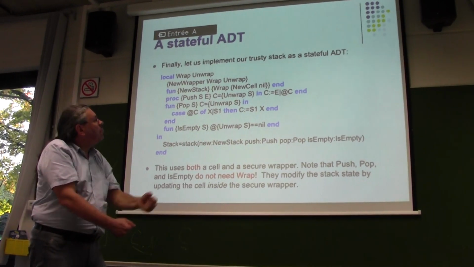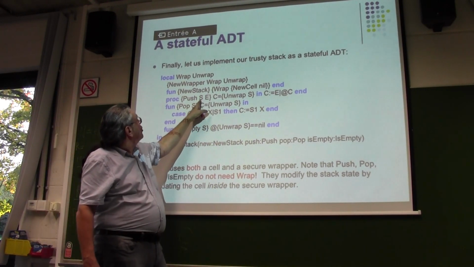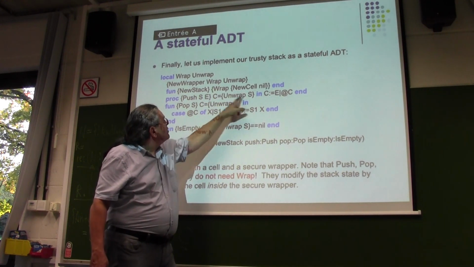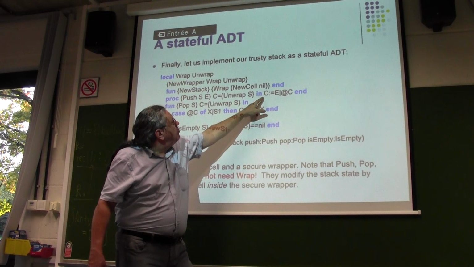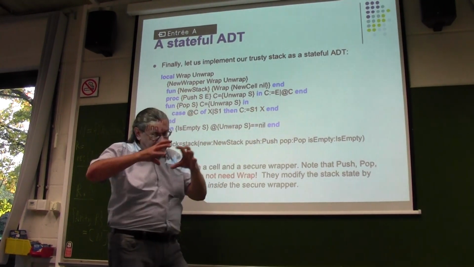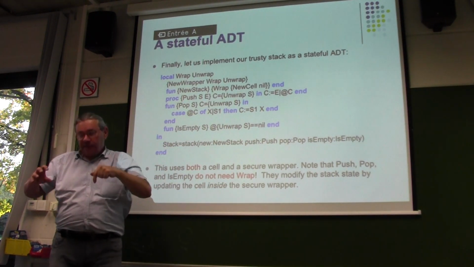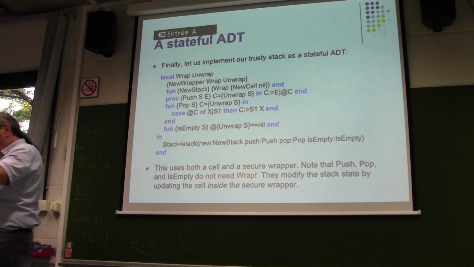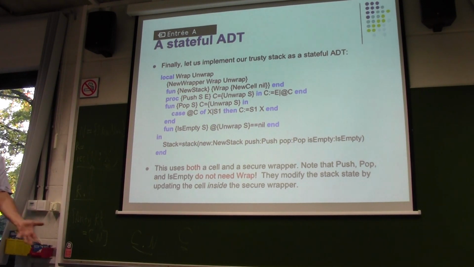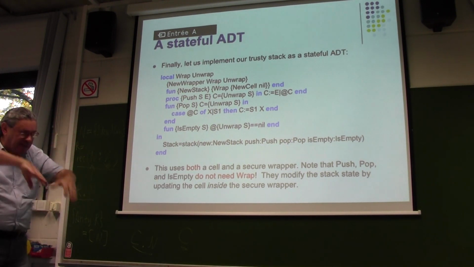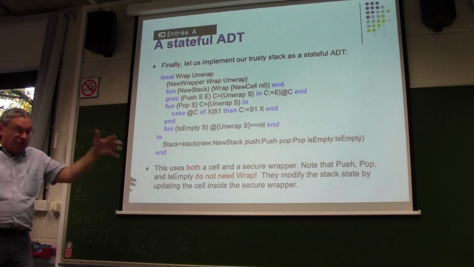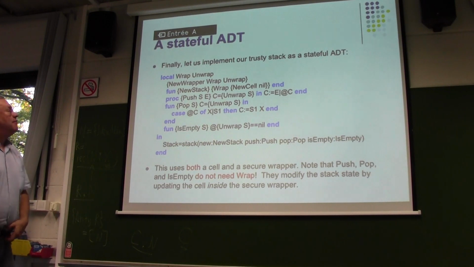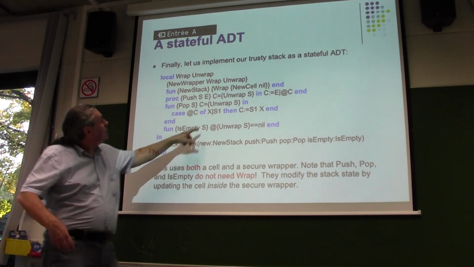So you don't have to wrap again. So if I do push, I will look inside. So C is what's inside, so that's a cell. I will update C, but it stays inside the wrapper. It's kind of like I have this secure thing, and I put my hands inside, and I'm modifying what's inside, but the secure boundary is still there. It's a funny kind of way of doing things.